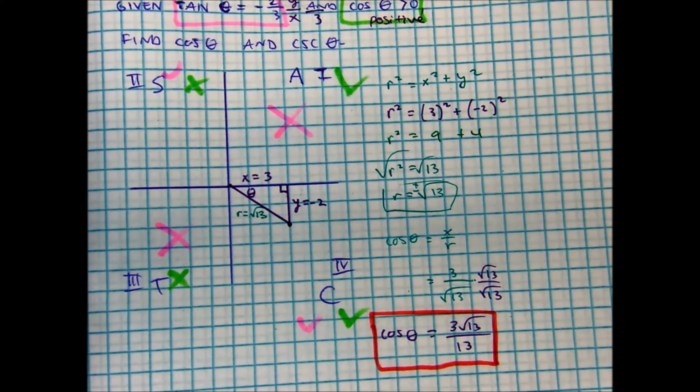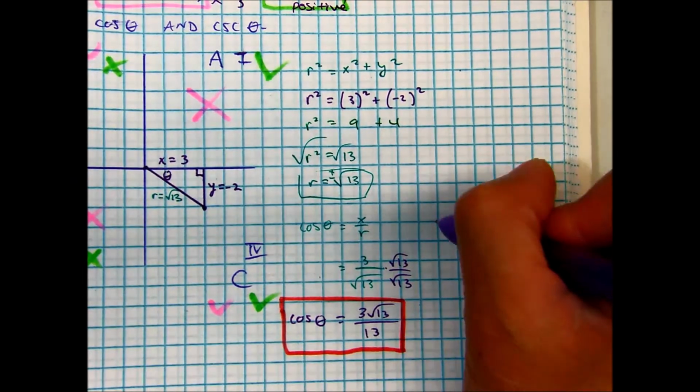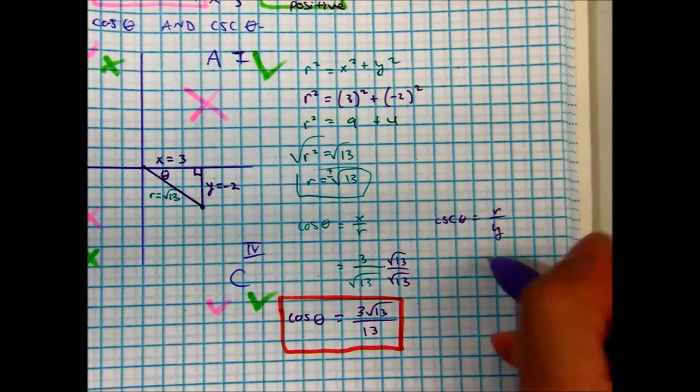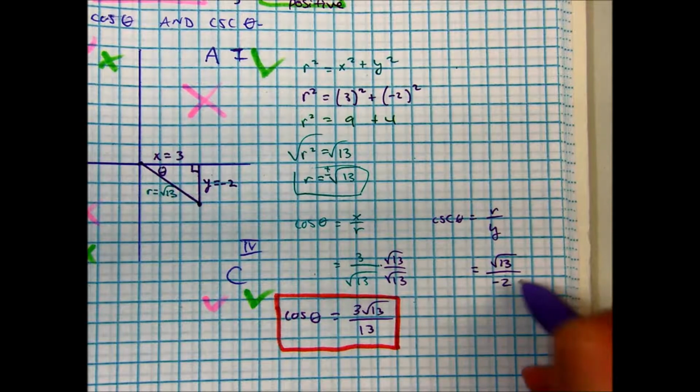Jennifer R. Can you tell me cosecant in terms of X, Y, and R? Correct. Substitute. Go ahead and simplify.